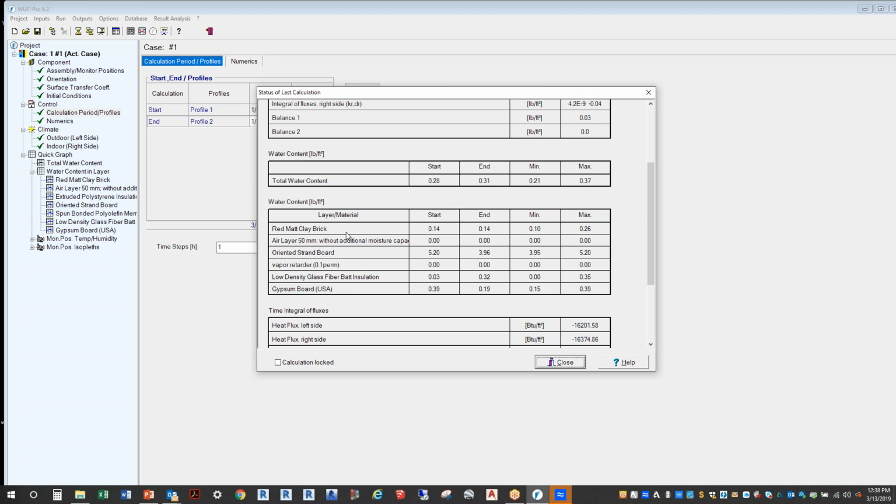But if we look at our individual materials, I usually just go right to the oriented strand board. It actually ended lower than it started. So, you know, that's good. Low density fiberglass picked up moisture, and the gyp board was drying out.